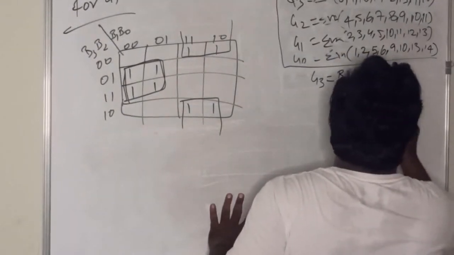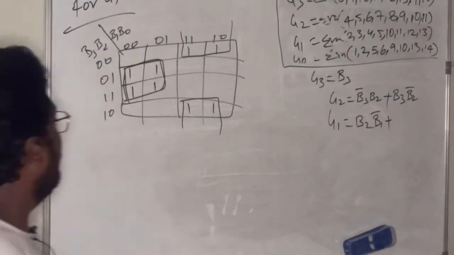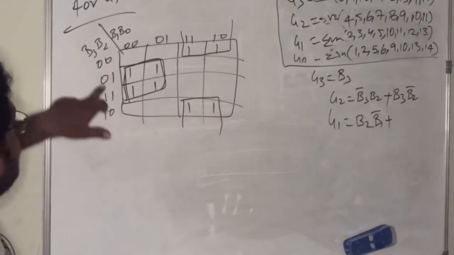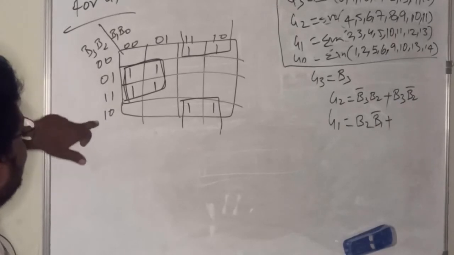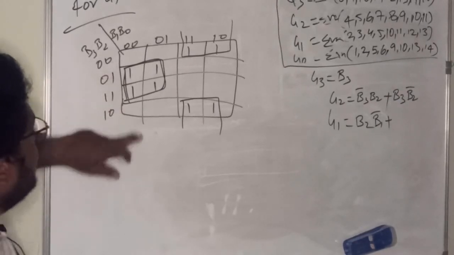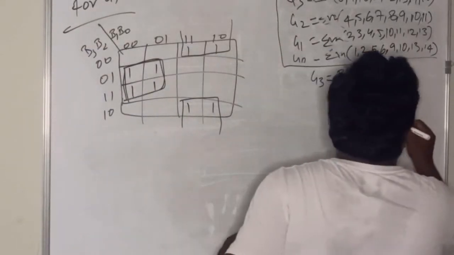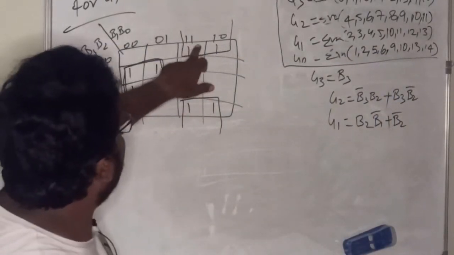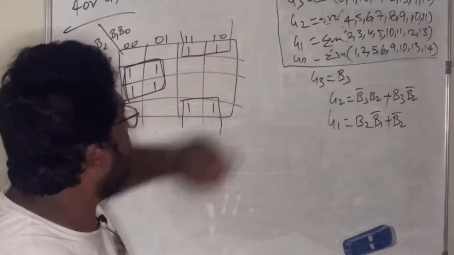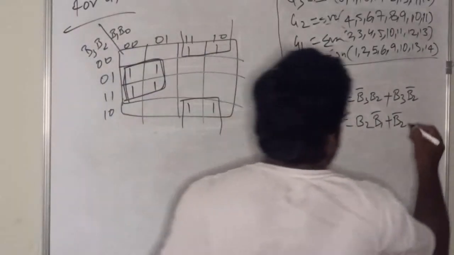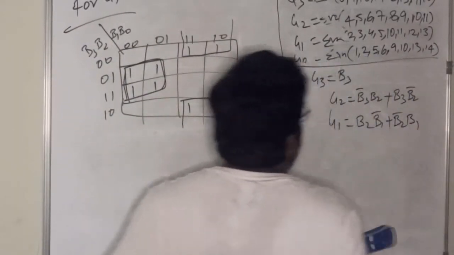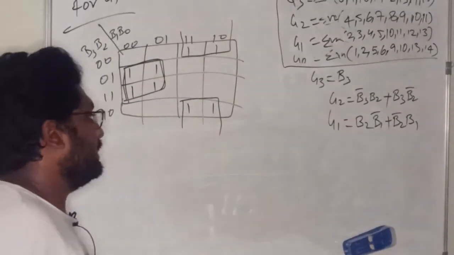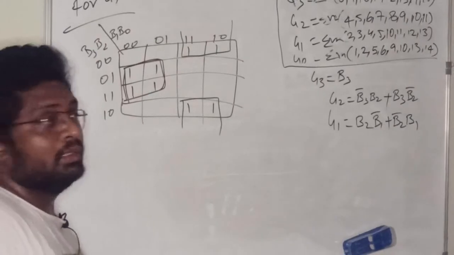So B1 complement plus, if you observe the second quad, here B3 value is varying and B2 value is not varying. So this is B2 complement and here B1 value is not varying and B0 value is varying. So this is B1. That is the minimized expression that we have obtained from the K-map.